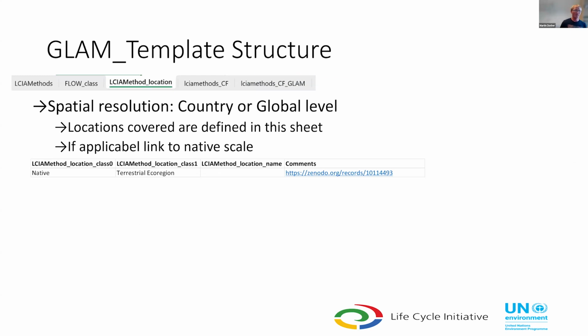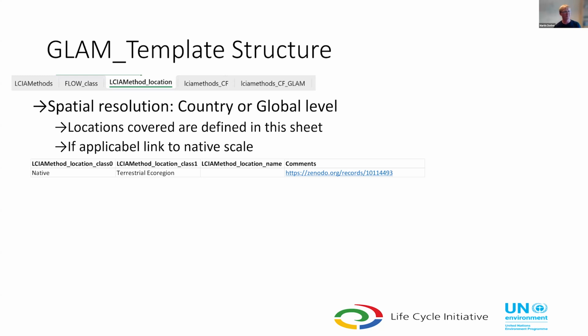Yes, and Olivier, in the beginning it was mentioned that we have spatially differentiated characterization factors, and for this Excel format, we decided that we will only include country or global level characterization factors. Which countries are covered, you can find in this LCA method location sheet.